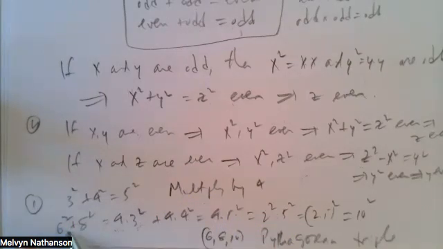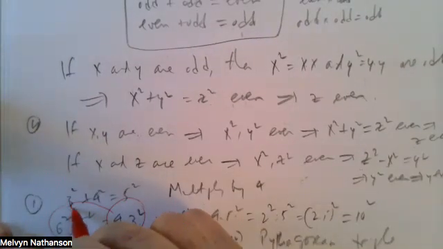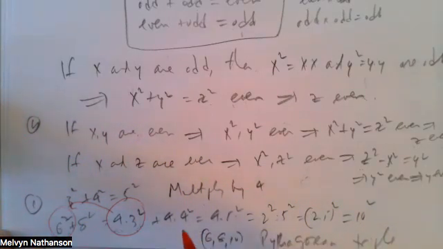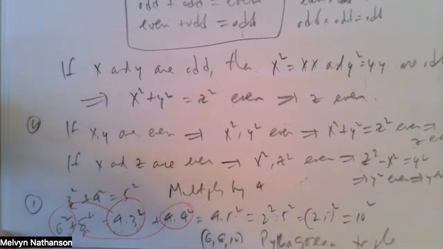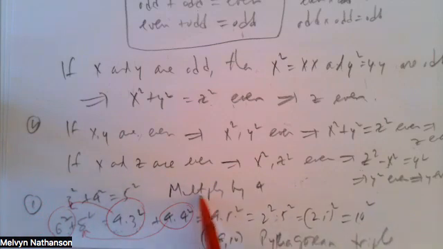Right. What's 6 squared? 36. So 4 times 3 squared is 6 squared, and in the same way, 4 times 4 squared is 8 squared. That's where I got it. I took 3 squared plus 4 squared equals 5 squared, and I multiplied the equation by 4.